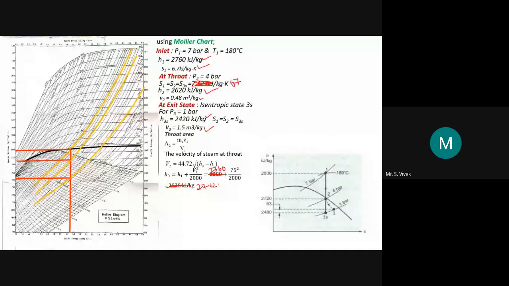So I'm getting the H naught value. Next, I can find out the velocity. That is V2 is equal to 44.72 into root of 2762 minus H1 is equal to 2760, yeah.